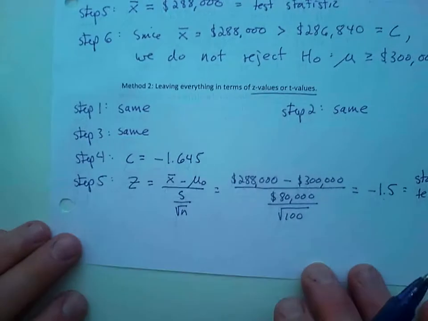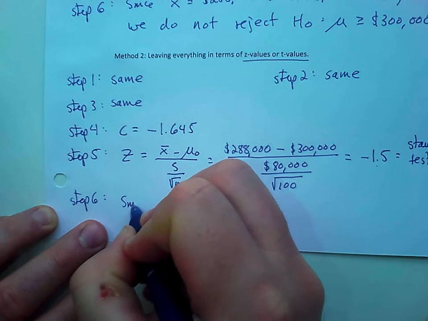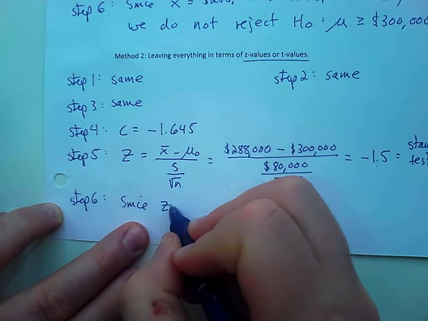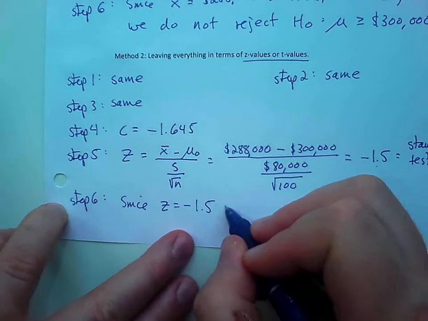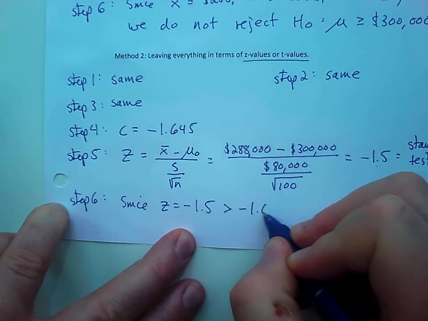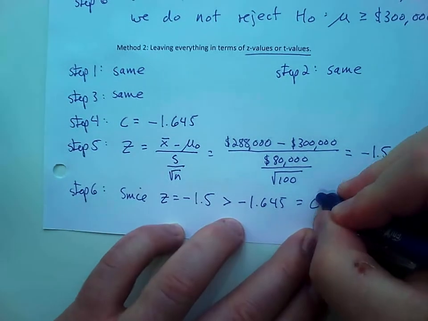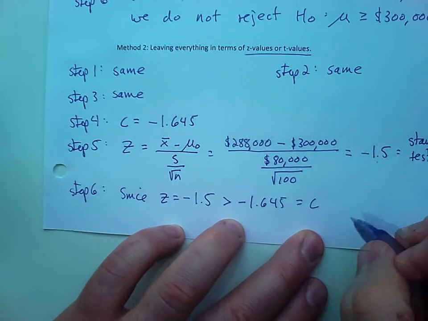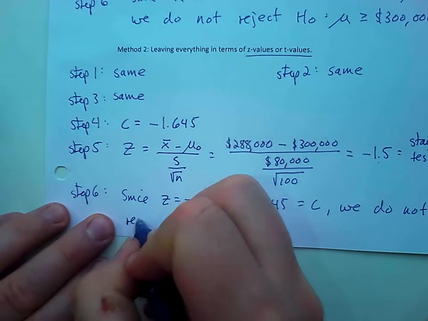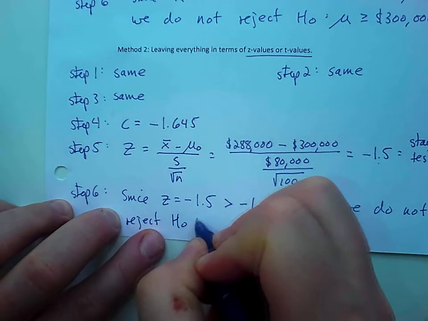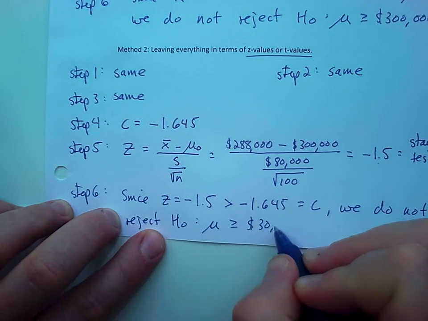So therefore, just like we had above, for step number 6, we're going to say that since our standardized test statistic z is equal to negative 1.5, which is strictly greater than negative 1.645, which is our left-hand side critical value, oops, just c, not c prime, we do not reject the null hypothesis that mu is greater than or equal to $300,000.